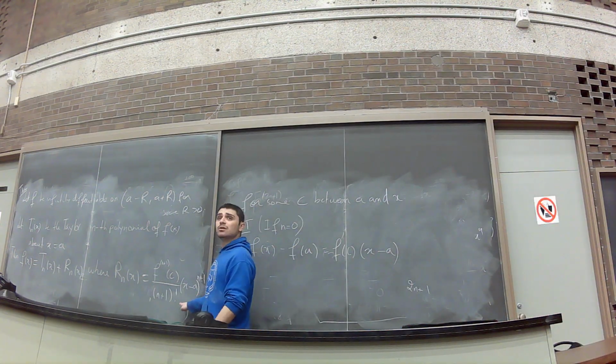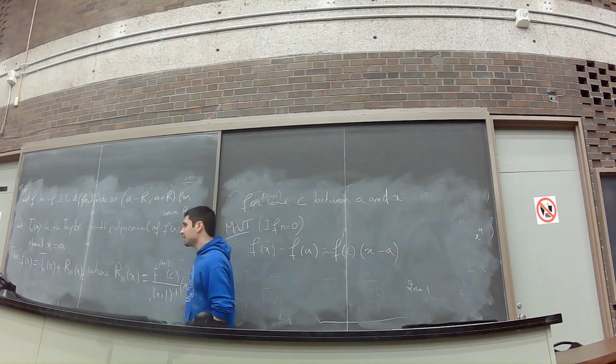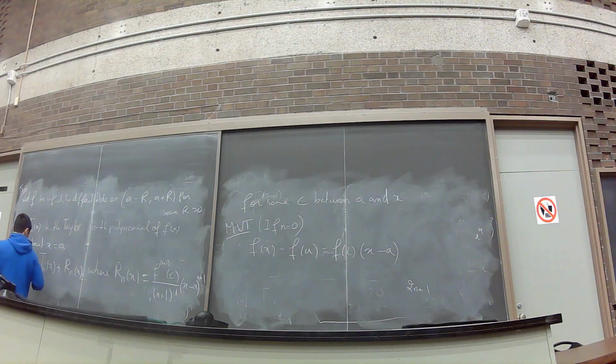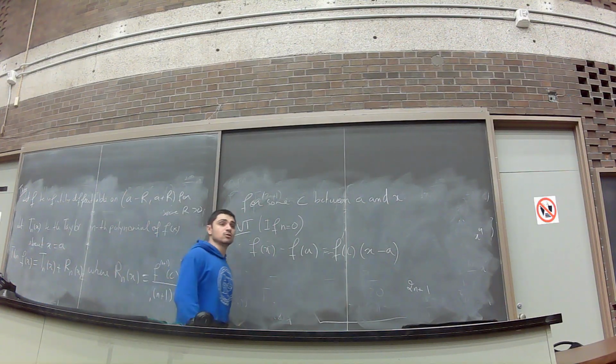Now if this term goes to 0, what can I say about Tn? Does my Tn approximate my f of x well? If this remainder is close to 0, suppose that this remainder shrinks, goes to 0, can I approximate f of x by Tn?